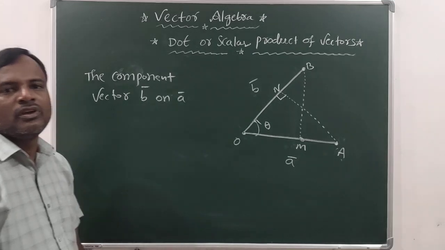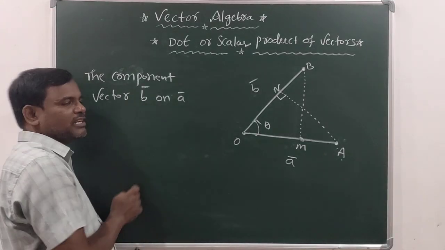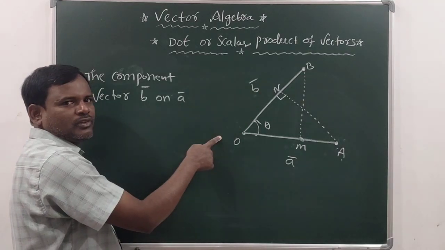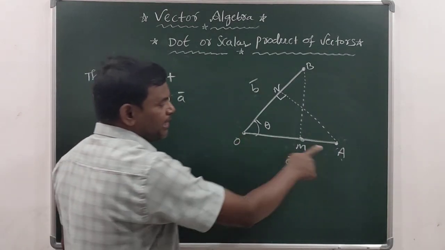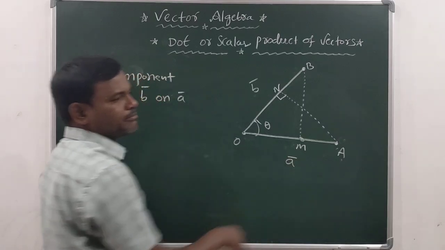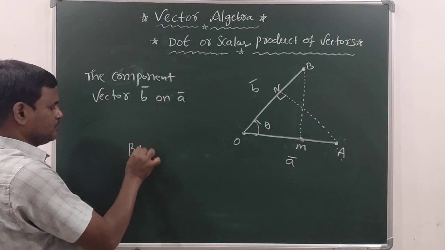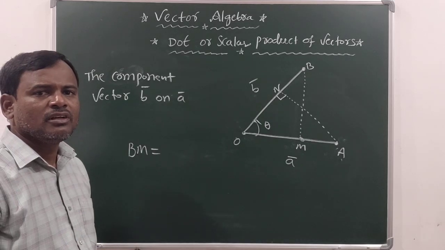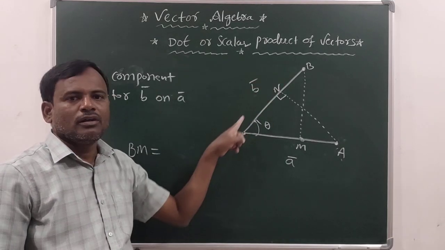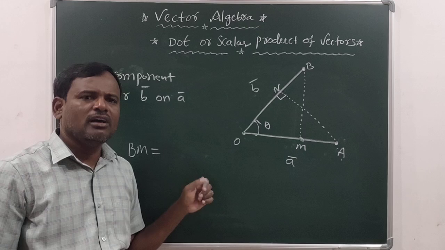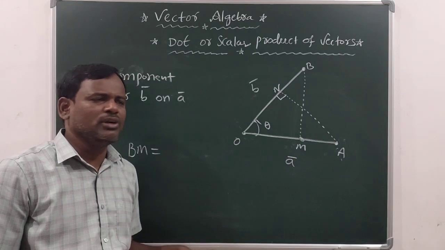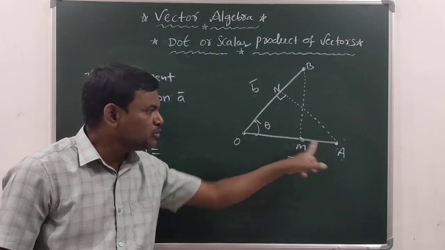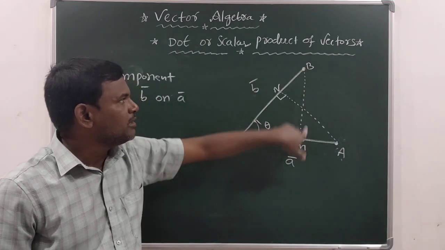Suppose you want the component vector of B in the direction perpendicular to A, that means BM. Next, what do I want? The projection of B, or you can call it the component vector of B in the direction perpendicular to A, which means BM.